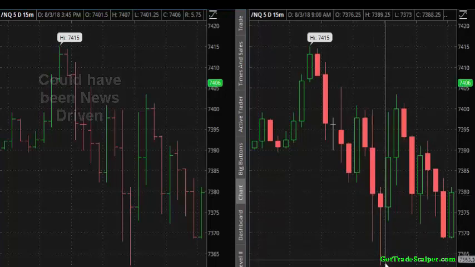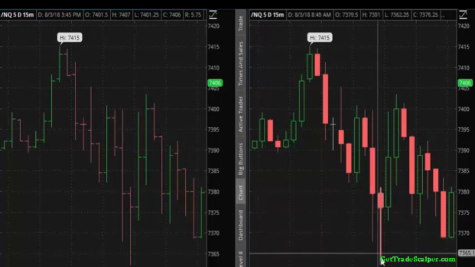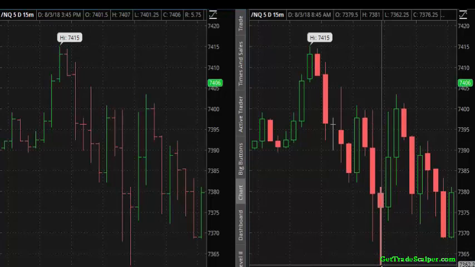Now, when it gets to this point here, we have an open here, 73.79.50. We have a high, 73.81. We have a low, 73.62, and we have a close, 73.76.